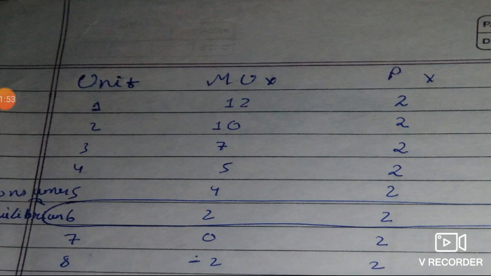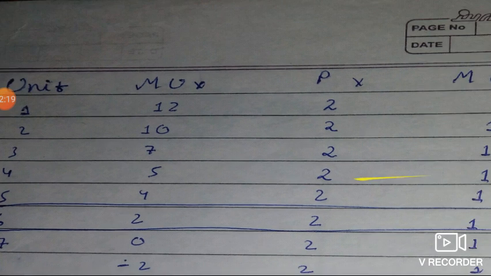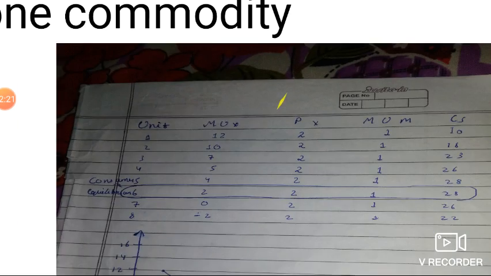Similarly, the consumer consumes the second golgappa, which gives 10 utils, and similarly the third unit 7, fourth unit 5, fifth unit 4, sixth unit 2, seventh unit 0, and eighth unit minus 2. But the price of the commodity remains the same.